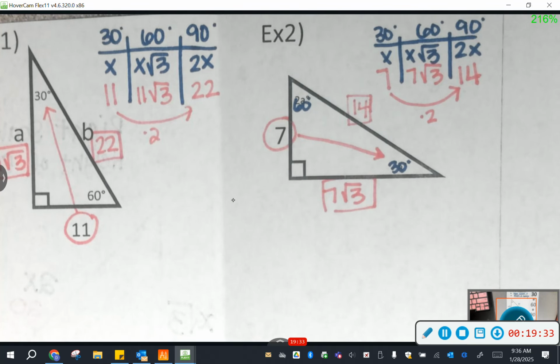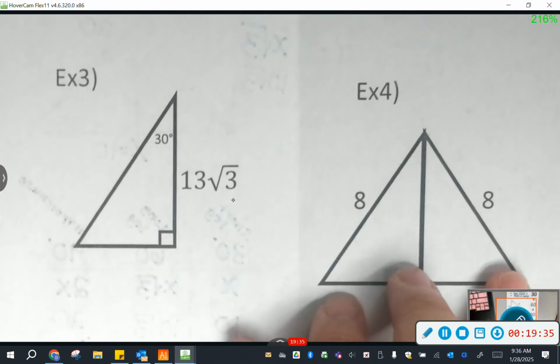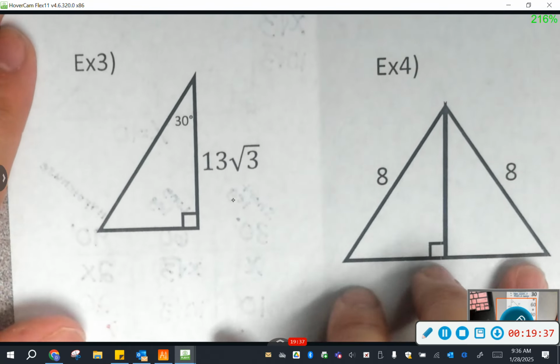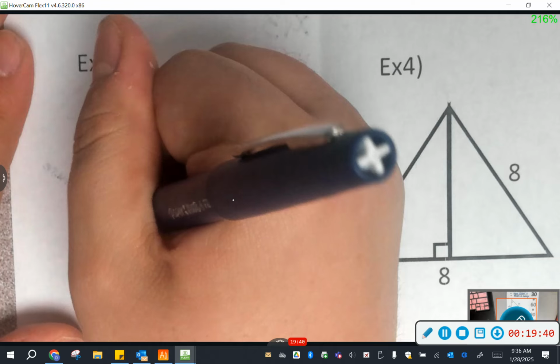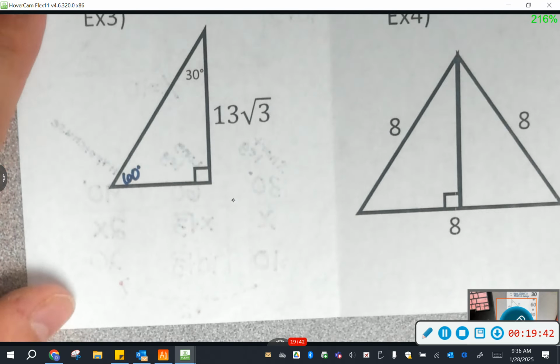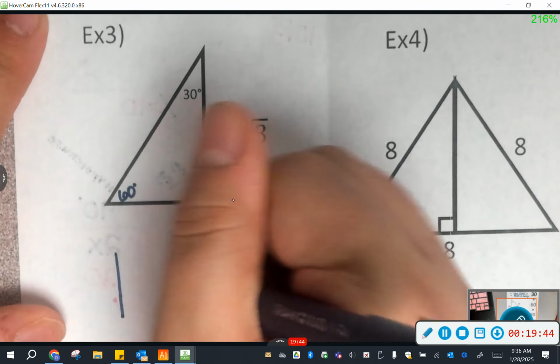Number 3. Number 3, I want you to try on your own. Go. Fill in the 60 right here. That'll help you. And make your chart.